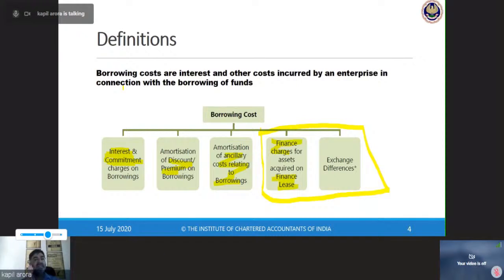So 1.5 lakh is the cost for all 3 years. I have to amortize over the 3 year period, which is nothing but 50,000 every year. Right? That is the amortization. Amortization means allocation of the amount over the period. I hope borrowing costs are clear to everybody.